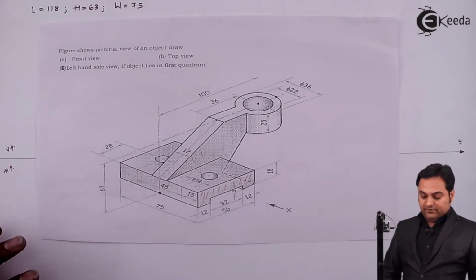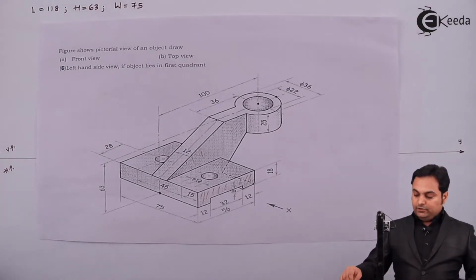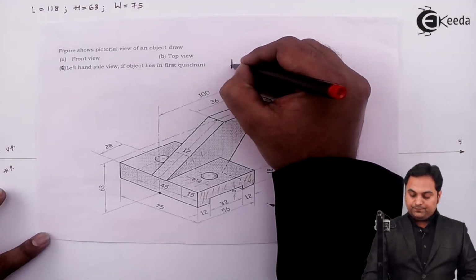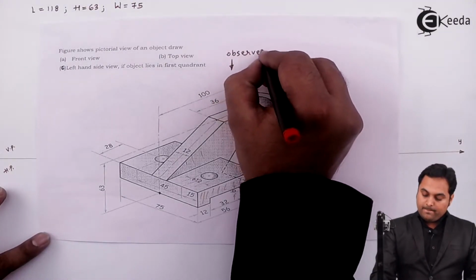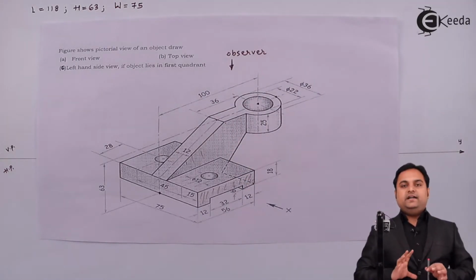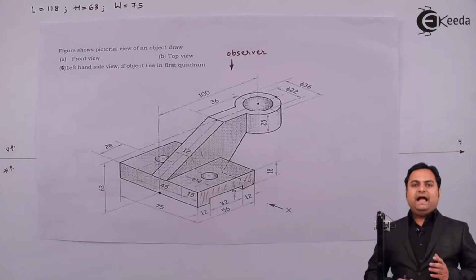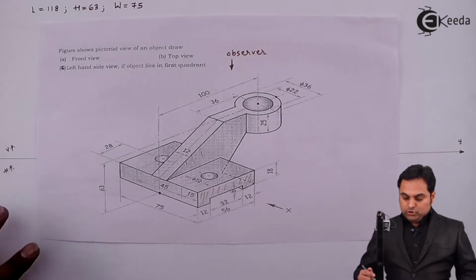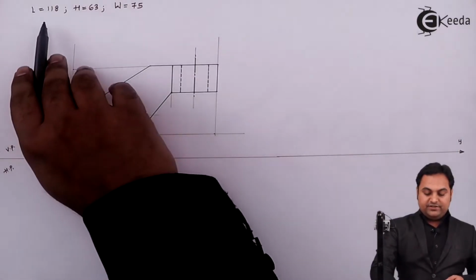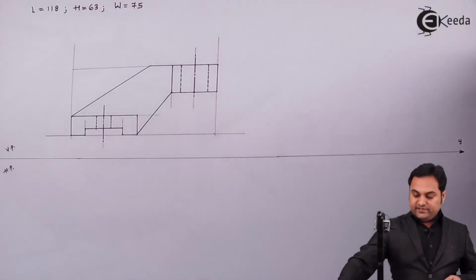Now after completing the front view, we need to draw the top view, and in the top view we are an observer at the top. Whenever we look at any object from the top, the height of that object will not be visible, but only length and width will be visible. So the length of the object is 118, which can be projected from the front view, and the width is 75, which I'll plot.